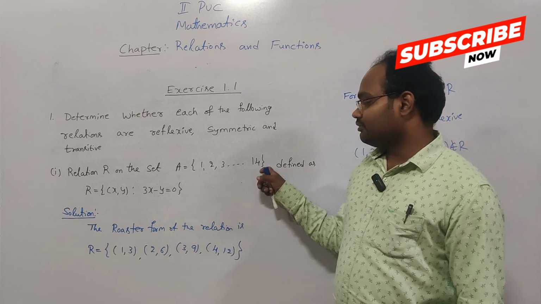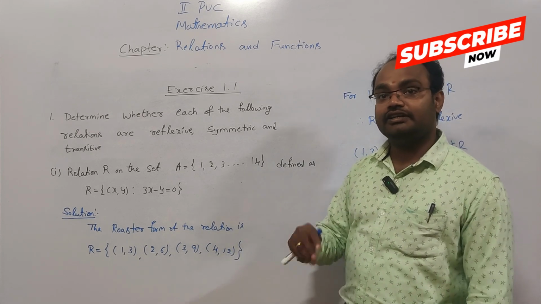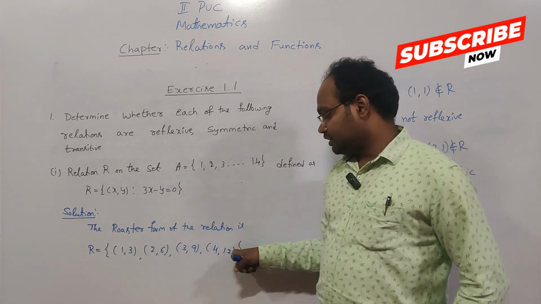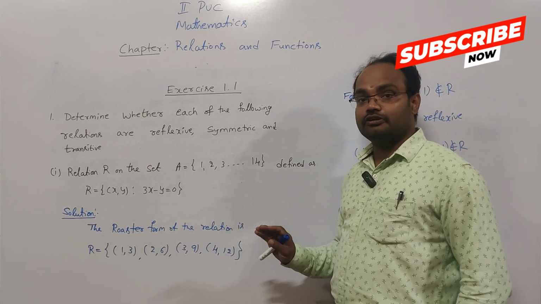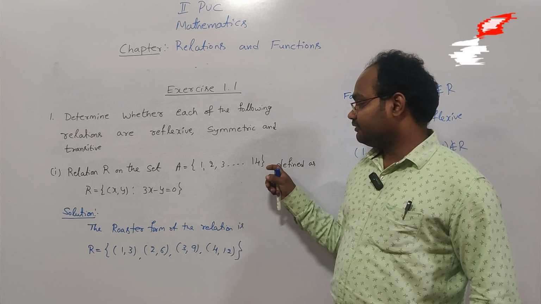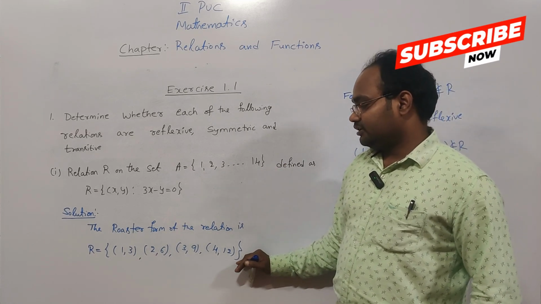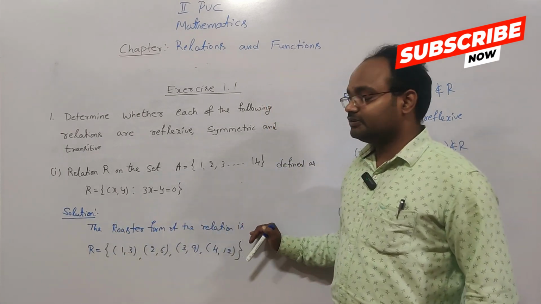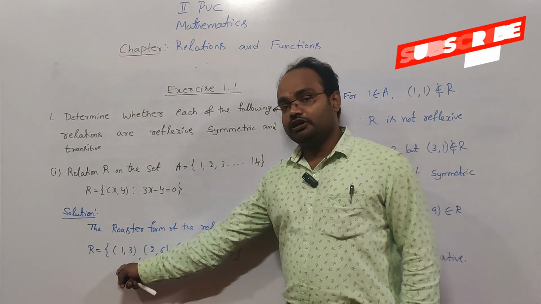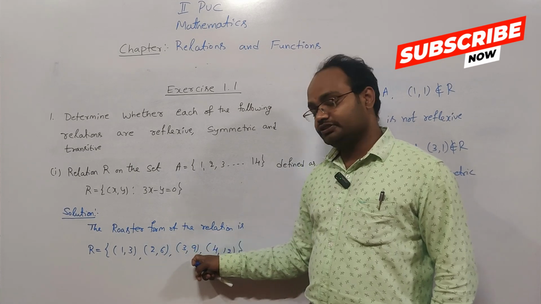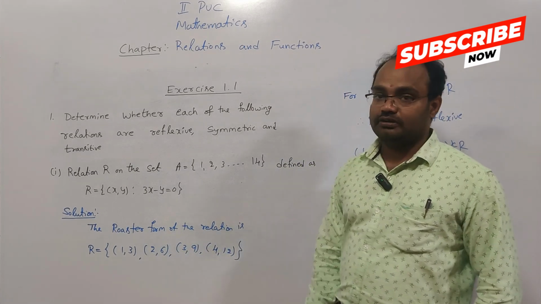So 15 is not there in the given set, so we can't take that ordered pair. So ordered pair 5, 15 ತಗೊಳಕ್ಕಾಗಲ್ಲ, ಯಾಕೆ? 15 does not belongs to the given set. So therefore the roster form of this relation is only ordered pair 1, 3, 2, 6, 3, 9, 4, 12.